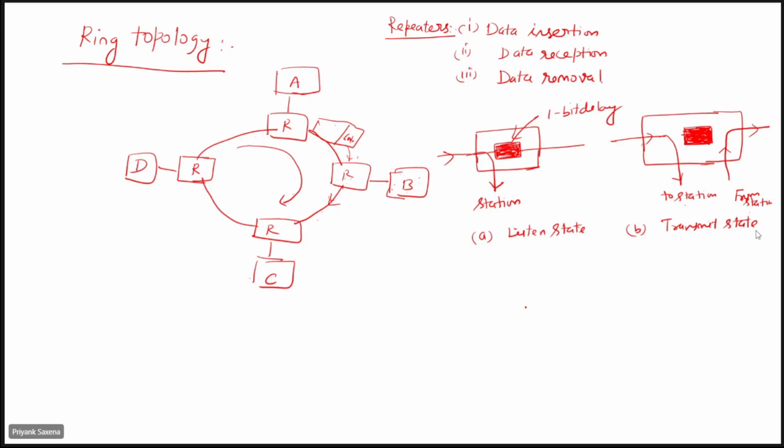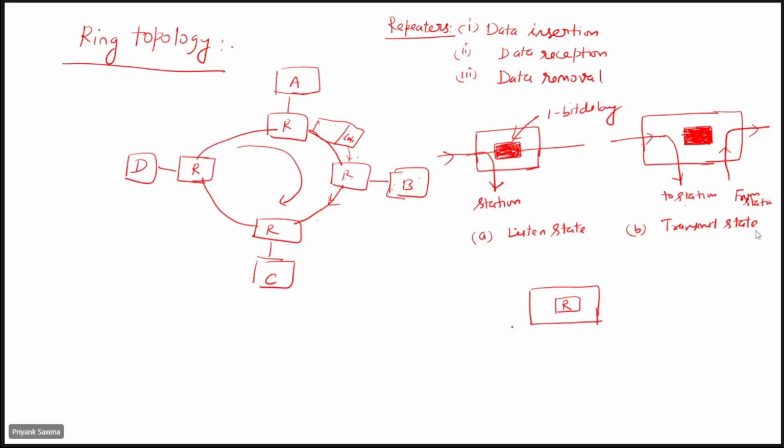And the third state is called the bypass state, because you know that the repeater introduces a 1-bit delay. Suppose some stations do not have any data to send, or are not even participating in the network, then keeping a repeater will always introduce a 1-bit delay.